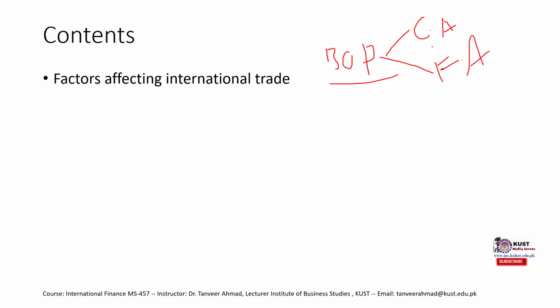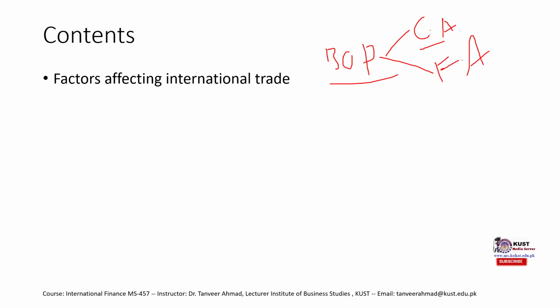But we didn't explore what different factors would affect the current account, or the individual components of the current account and the individual components of the financial account. Say, for example, in current account, we have international trade.